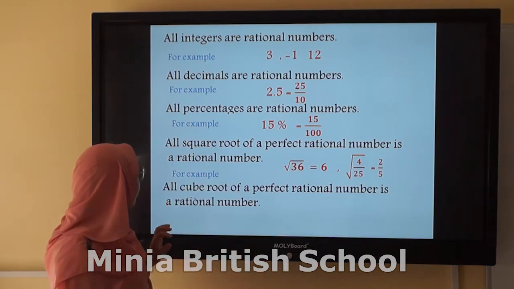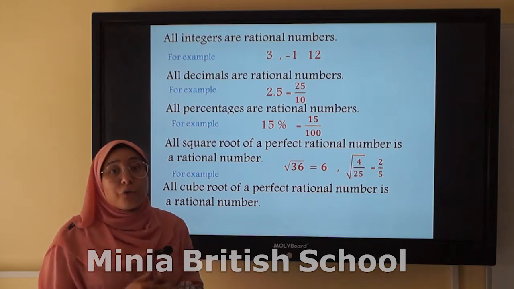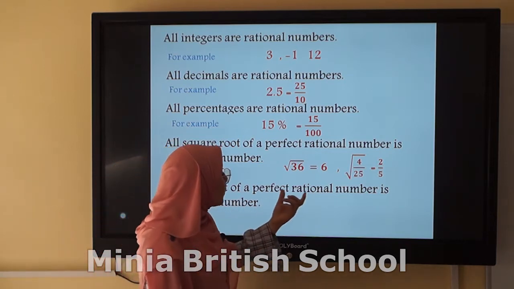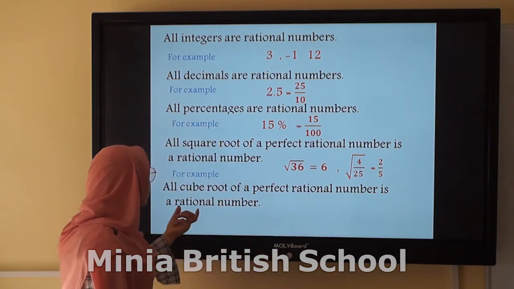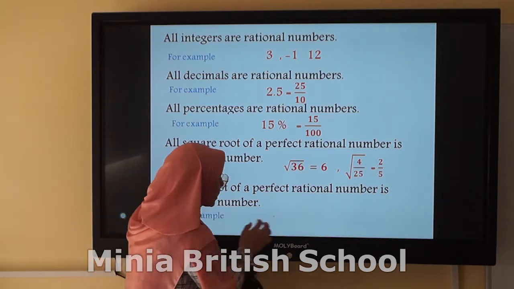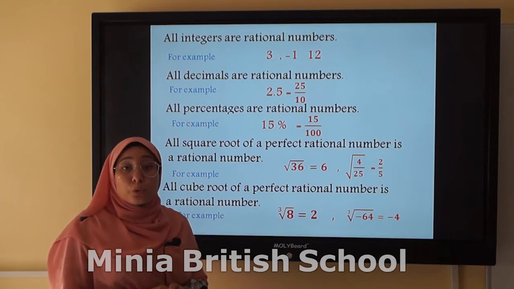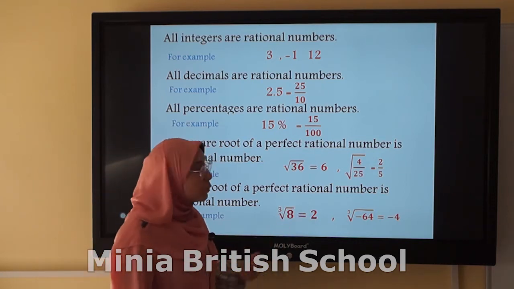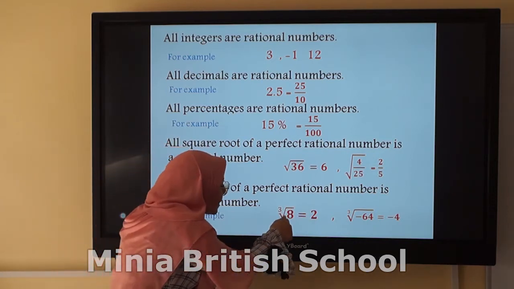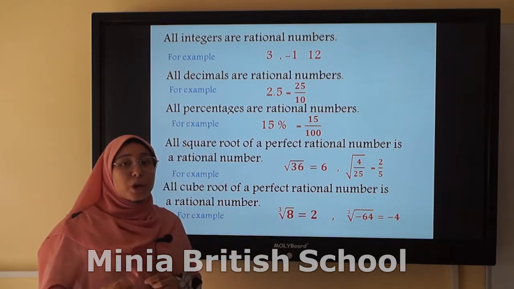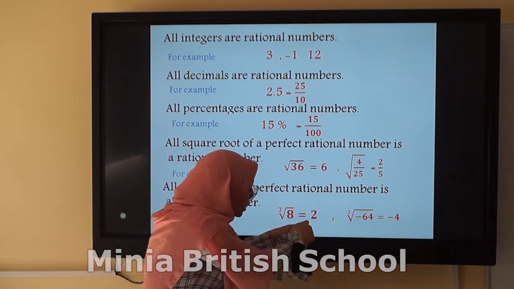And also, the cube root of a perfect cube rational number is rational. For example, cube root of 8 equals 2, because 8 is a perfect cube.